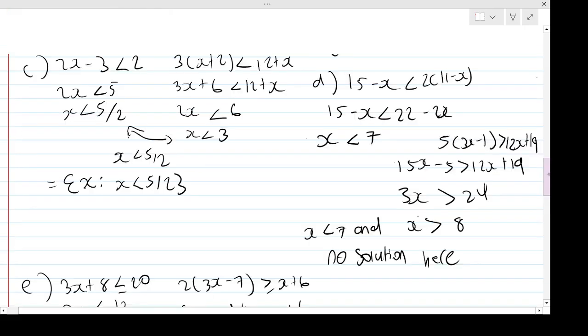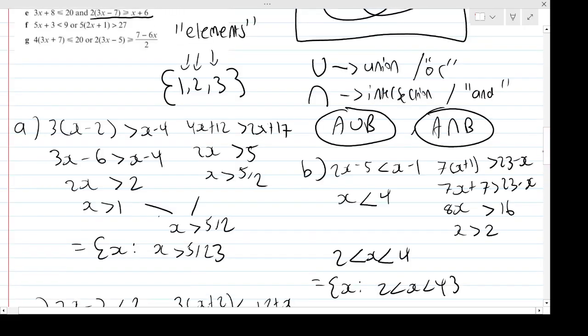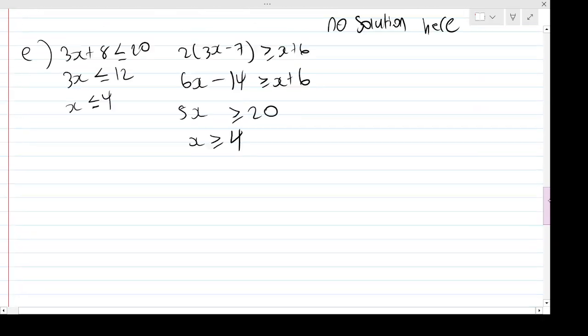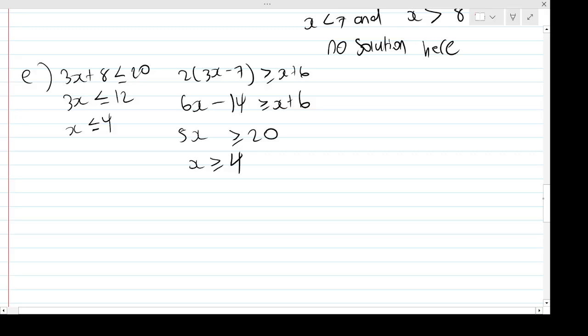Again, it's saying 'and'. So it has to be a solution to both inequalities, so we need to combine both of them. Look at the overlap. This is saying x has to be less than or equal to 4, but also x has to be greater than or equal to 4. Well, the only overlap is x equal to 4, isn't it?